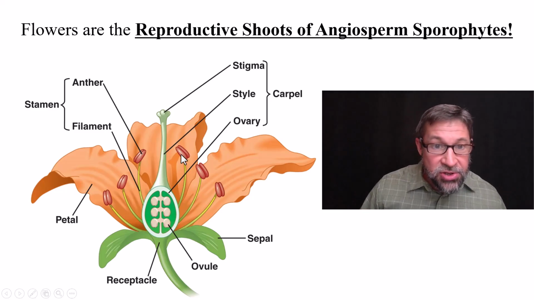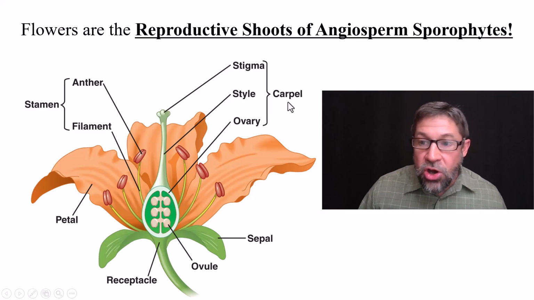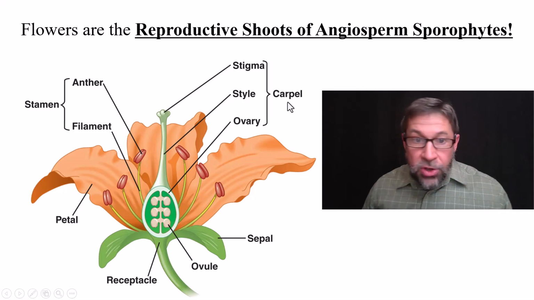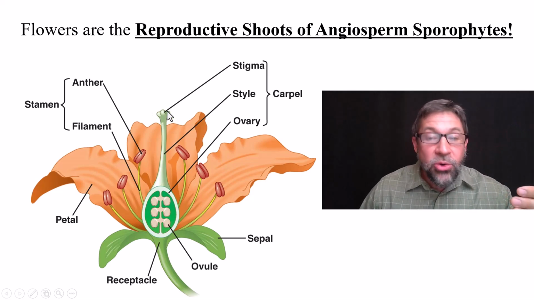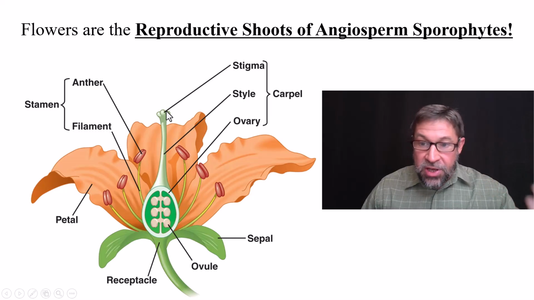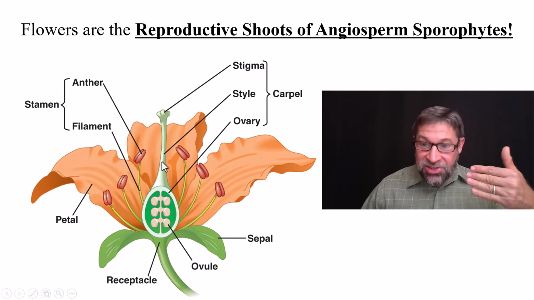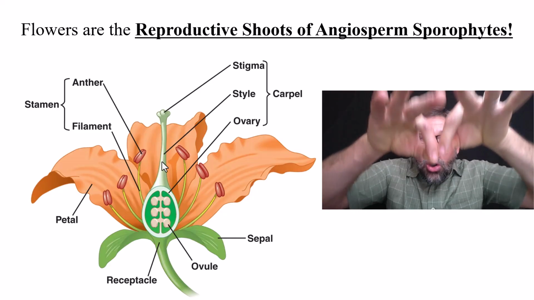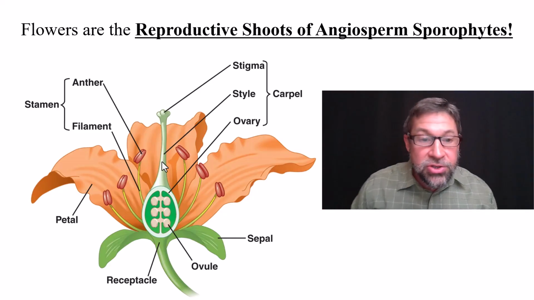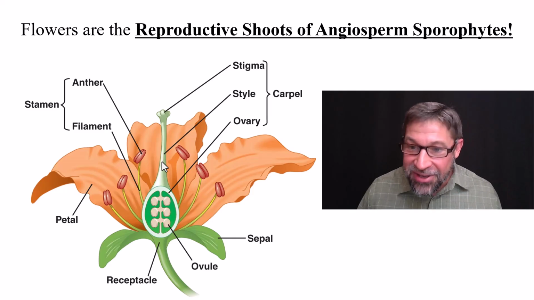And then in the center, we have the female part of the flower, which is known as the carpel. The carpel is composed of the sticky stigma on top. That's where the pollen granules are going to land. This long racetrack that we call a style, this is what the pollen granules are going to elongate down using their pollen tubes, and they're going to race one another trying to get to the prize.